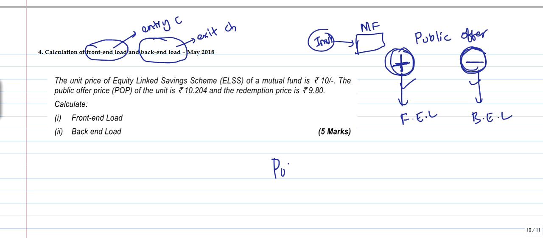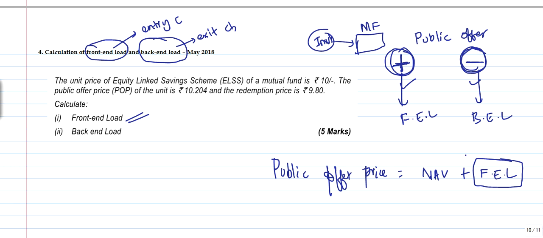So public offer price consists of NAV plus front end load. So what is the formula? Public offer price is equal to NAV, that is at the time of purchase, plus front end load. Here they asked you to find out the front end load. This can be in percentage or in rupees. If it is a percentage, it will be on the NAV.